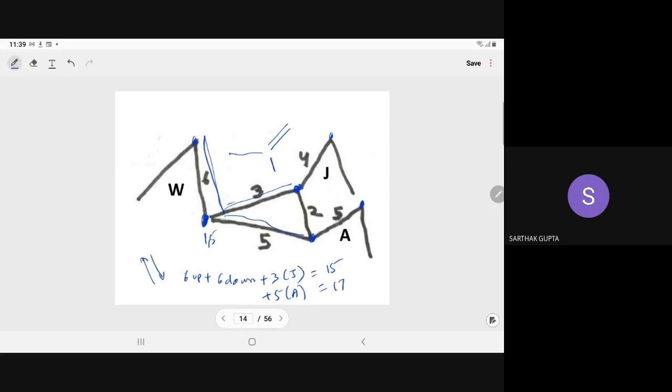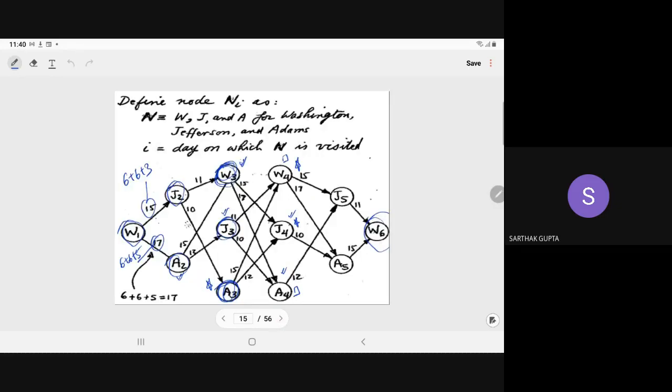So it is 4 plus 4, then to the Washington 3, and to the Adams it is 2. So it can be 4 plus 4 is 8, plus 3 is 11, or 10. So if you are at the node J3, it is either 11 or 10.